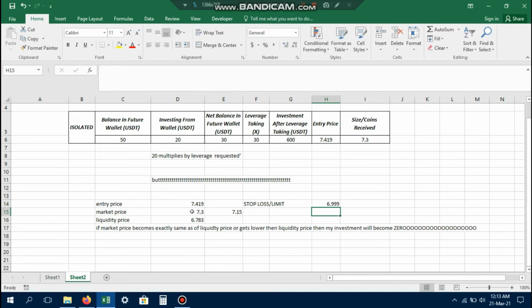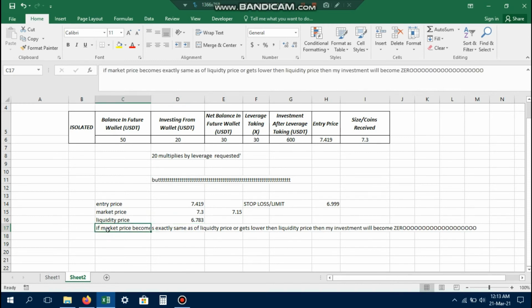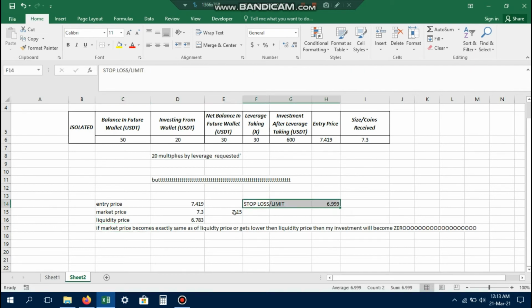Now for example, you had the entry price of 7.419 and the liquidity price was 6.783. Now as you know that if market price becomes exactly the same as liquidity or gets lower, then your investment will be zero. Okay, so to save yourself, you have the option of stop limit.